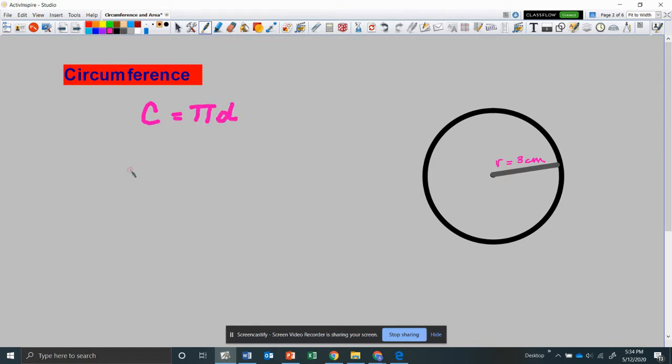Was I given the diameter? Nope, I wasn't. The diameter, we don't know. We do know that the radius is 3 centimeters, though. And a diameter is actually 2 of these put together, so that would be 6 centimeters. So now I can solve this problem by putting in 3.14 for pi, and then multiplying it by 6, which is the diameter.